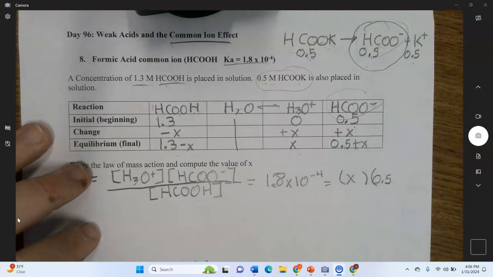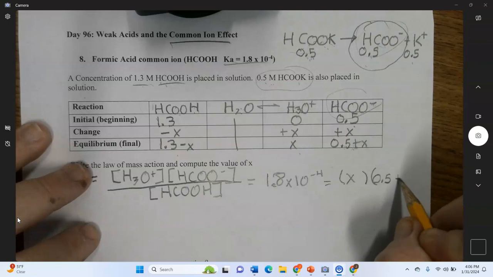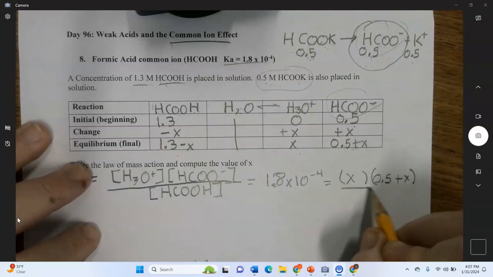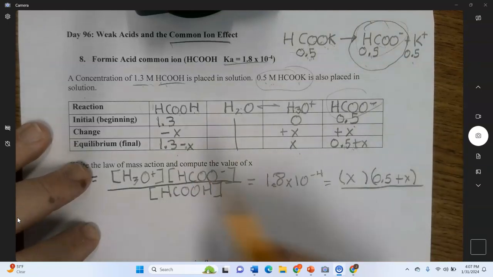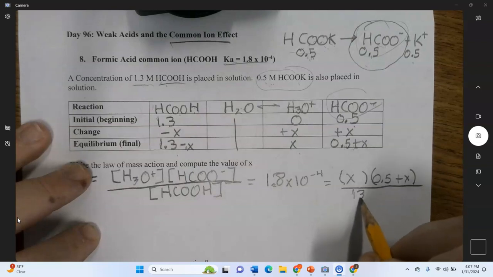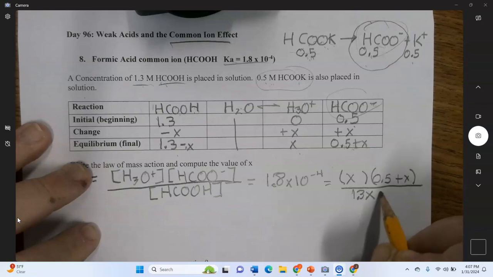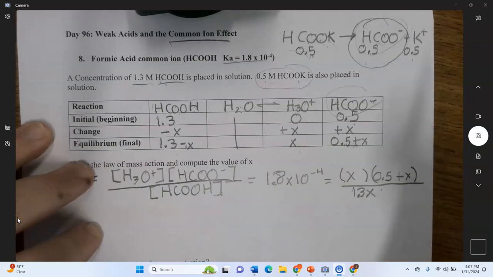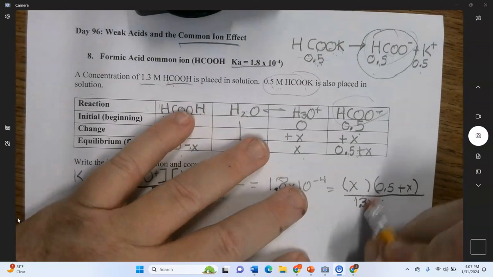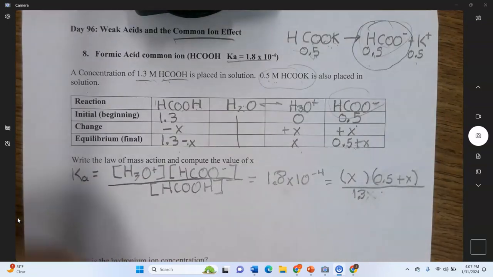So I'm sure you kind of figured out I was making a mistake when I said minus x there. Okay, so plus x. And then over this, same thing it was last time. Oops. What am I doing? I gotta get that right. 1.3 minus x.